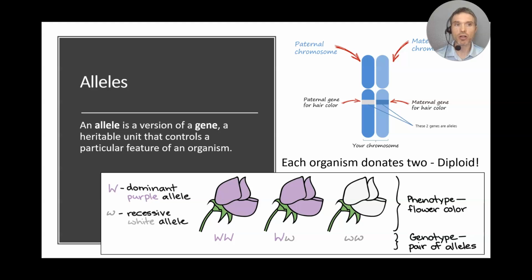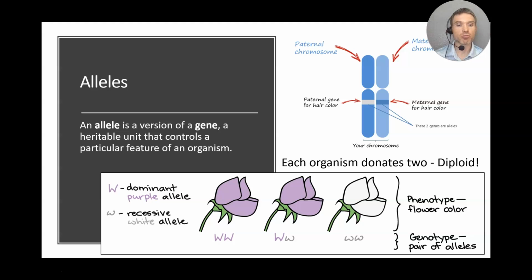As I said before, all organisms are diploid. They have two copies. One they received from their biological father, one they received from their biological mother. It's a combination of these that results in the characteristic that we see, such that if an individual is homozygous dominant, with a big W and a big W, that will result in a purple flower.